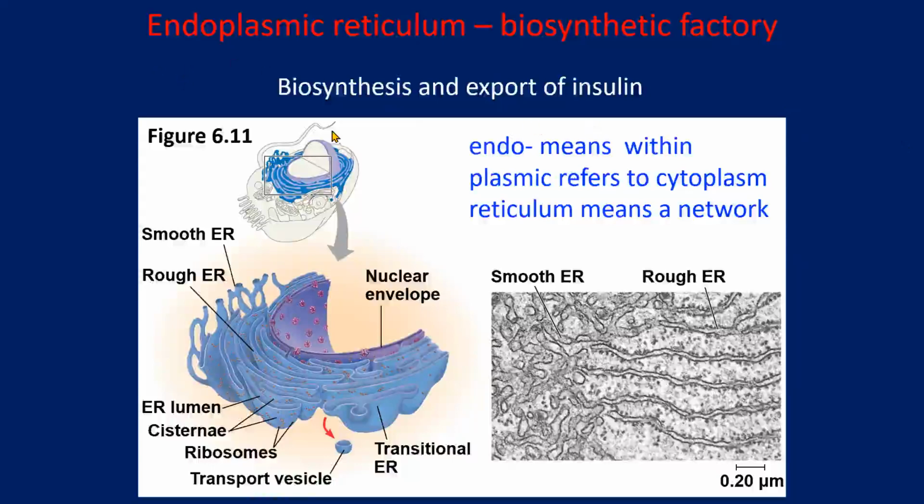It can synthesize lipids and carbohydrates, store some minerals such as calcium, and help in detoxification of some drugs and poisons. To understand this word, endo means within, plasmic means the cytoplasm, so within the cytoplasm, and reticulum is basically a network. If you look at this figure, you can see a kind of network, and that is how the terminology comes.